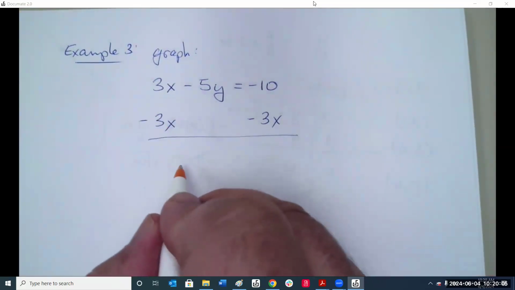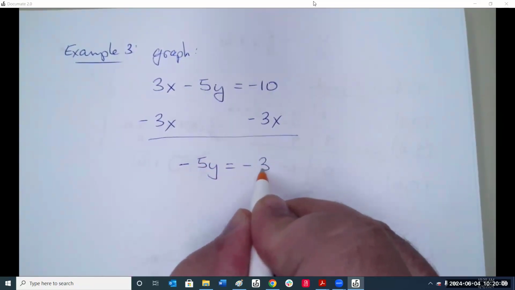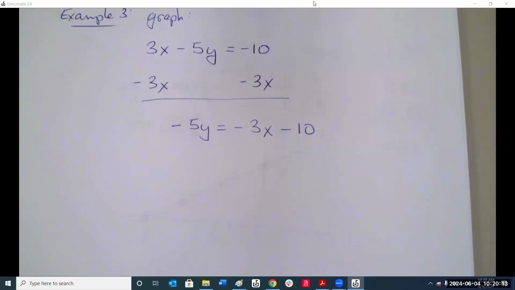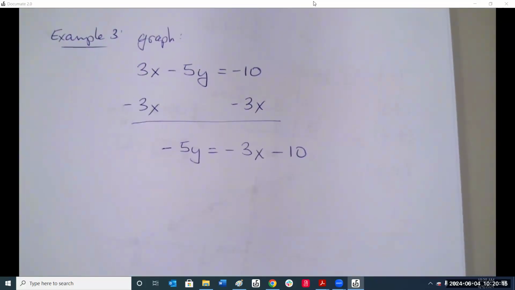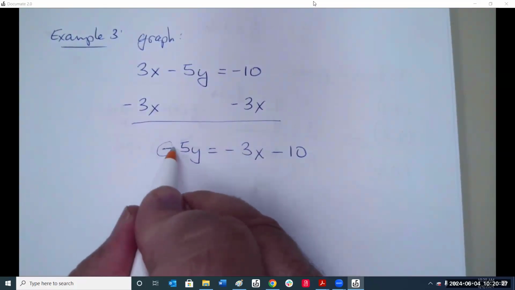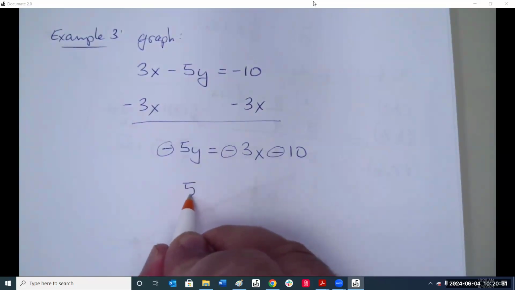So those cancel. So we have negative 5y equals negative 3x minus 10. Since there's a negative in front of the 5, our next step is to, across the board, change all the signs.